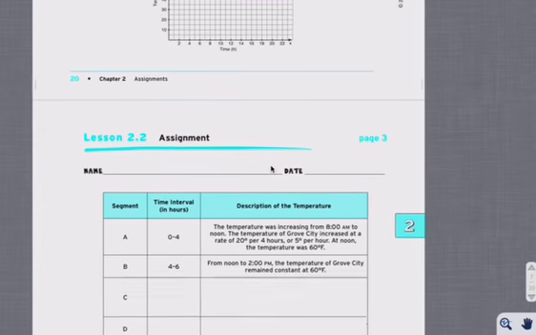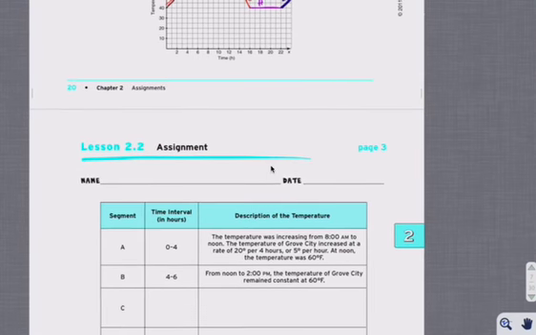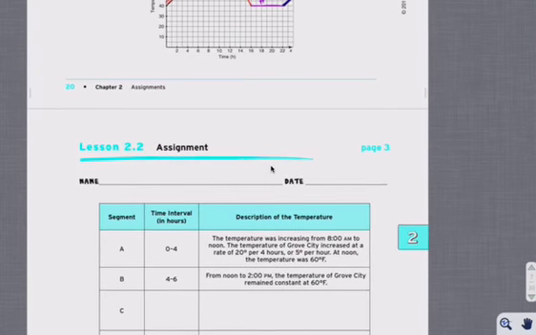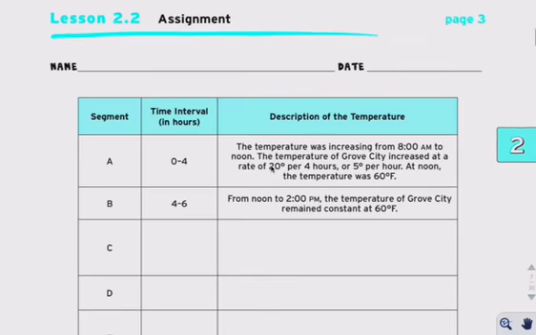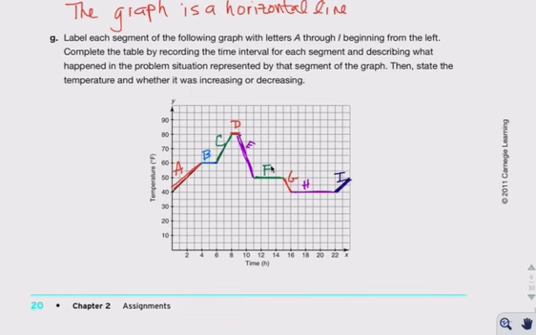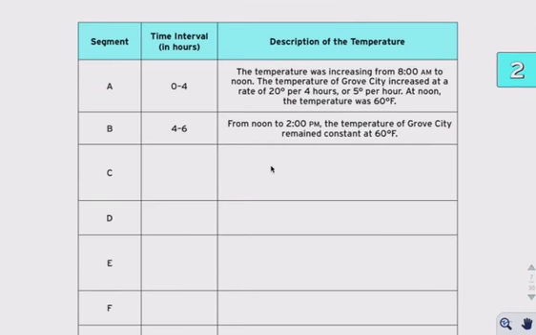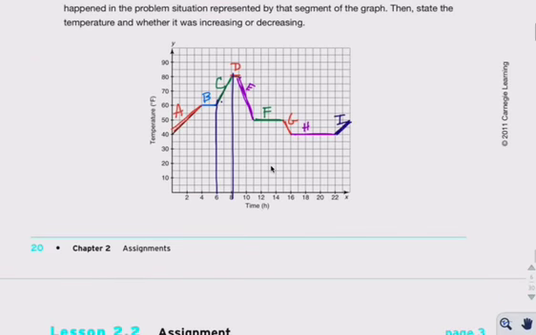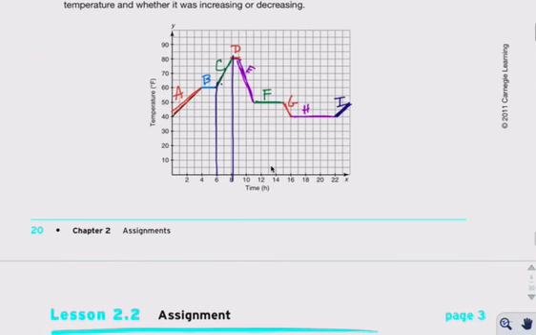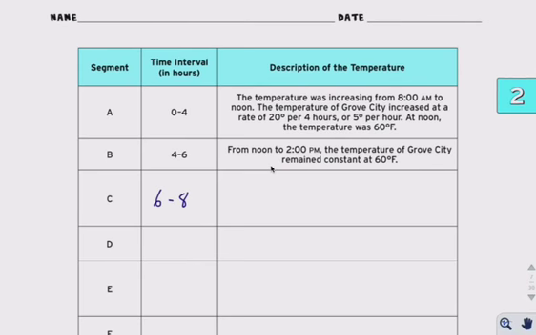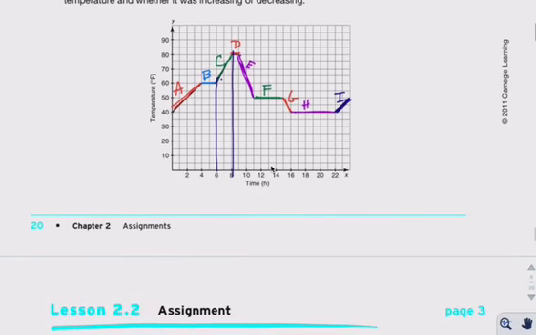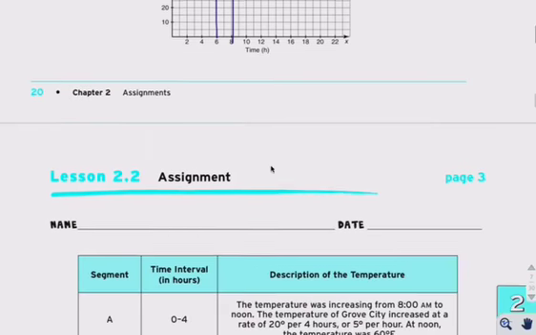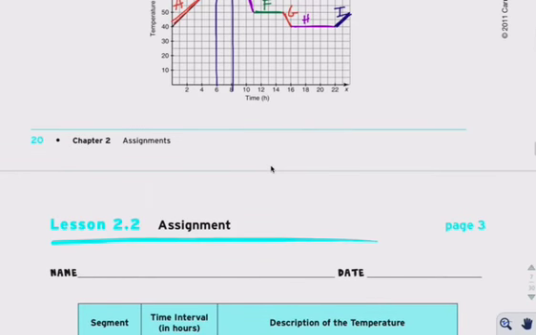If you look at segment C, it's going up at a constant rate. The time interval is between 6 and 8. The change in temperature is 60 to 80, 20 degrees in 2 hours. So from 6 to 8, what time is that?